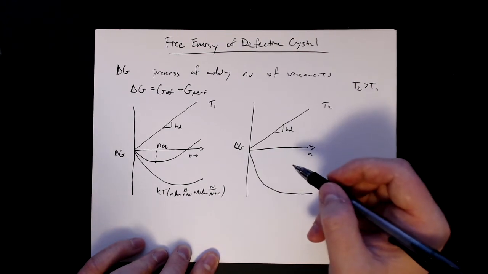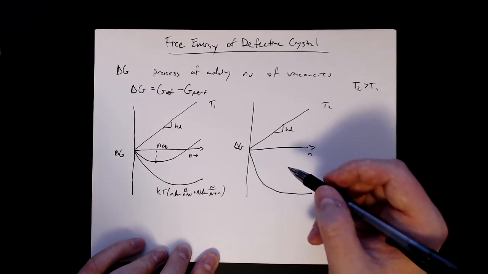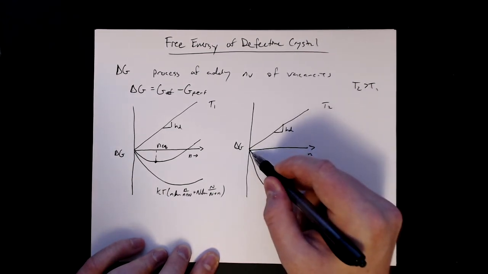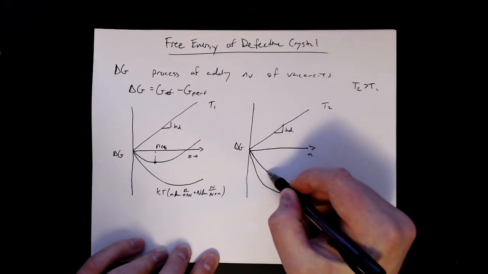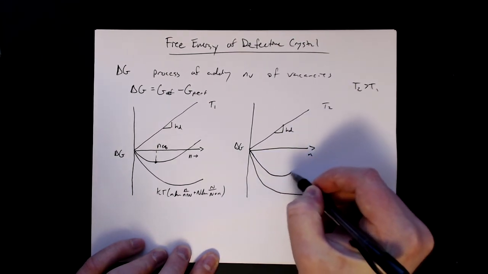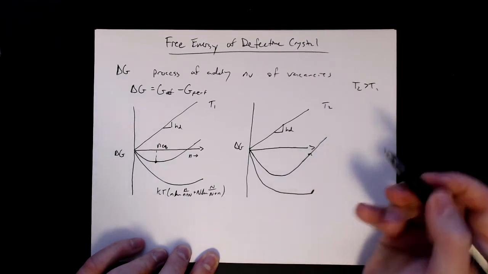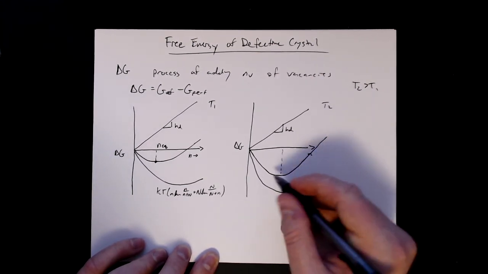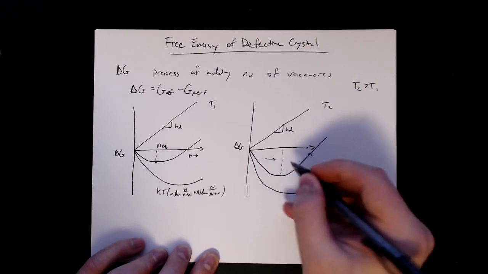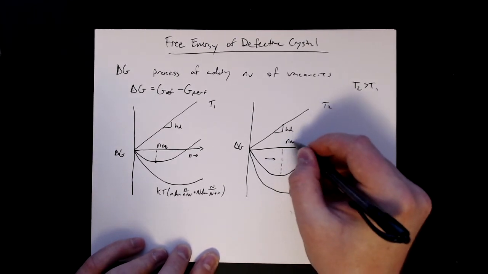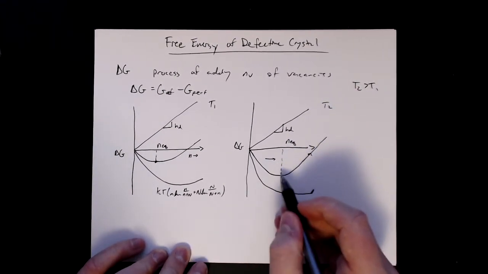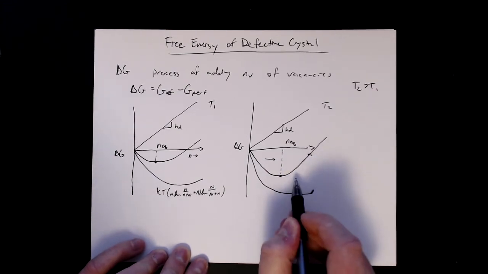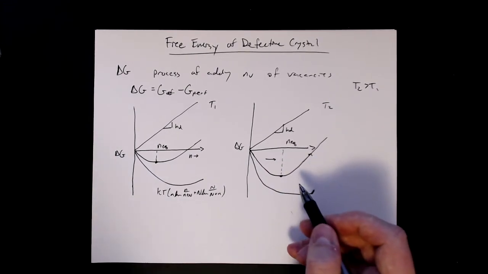And so what happens is you get a lowering of this, and basically this equilibrium point increases. This equilibrium number increases as this position shifts to the right.